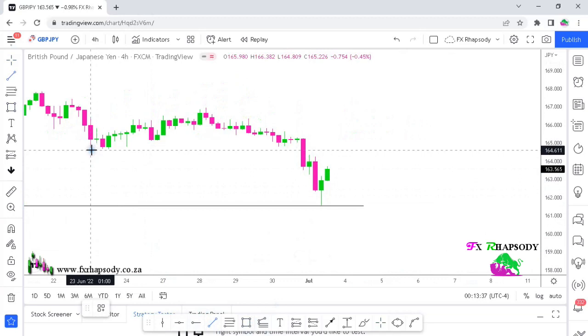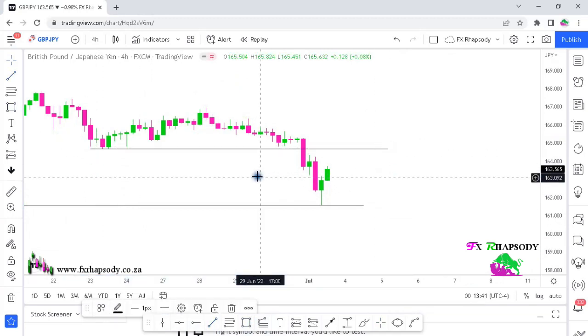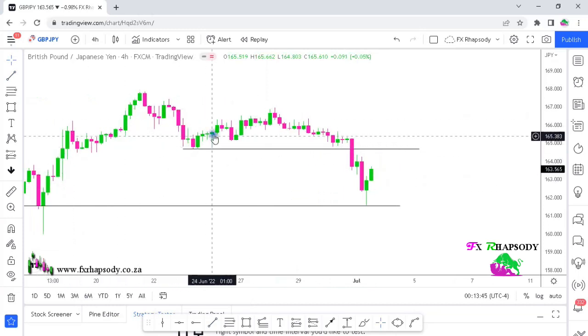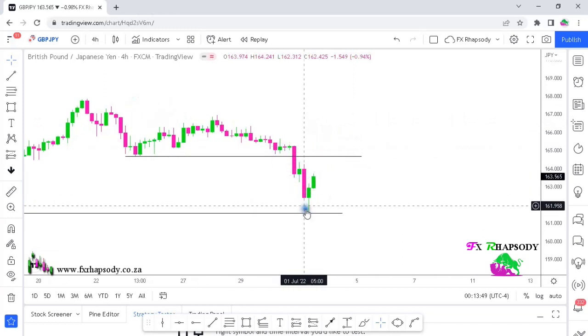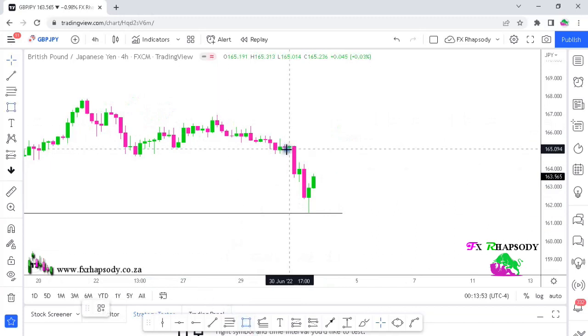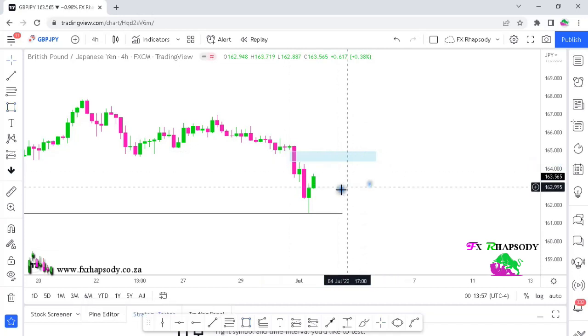Meaning by that, we had a low, price hovering. As you can see, price came up, creating that area over there, then coming up again, breaking that structure, breaking through that, and breaking that structure again. It created a little bit of an imbalance in the market. It is a fair value gap area.